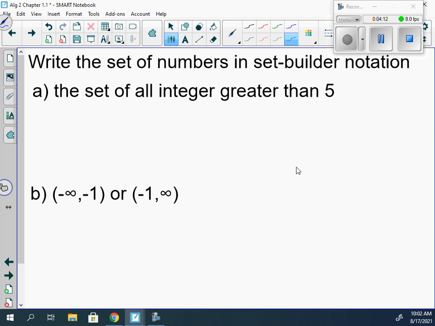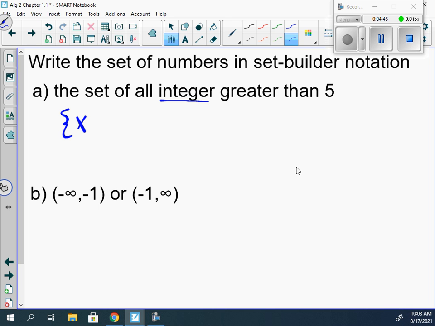And this is where we ended, where we were actually going to start talking about set builder notation. Whenever we talk about set builder notation, this is where we're going to really start, with our brace x. Before we put the bar down, we need to see what types of numbers we're talking about. Well, this says the set of all integers.